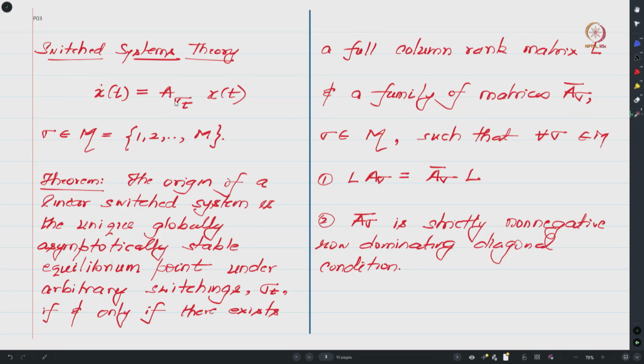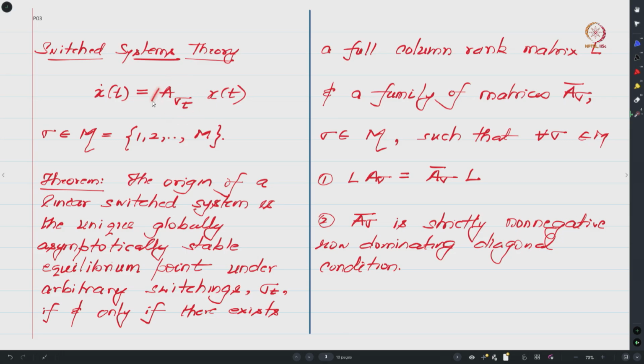So let us give some formal notation. We will presume that A is a function of some switching signal sigma t, and sigma t can take any value in this calligraphic M set, and for simplicity we will presume that this calligraphic M set is made up of M modes, so 1 to capital M. So sigma of t sometimes can be 1, sometimes can be 2, and sometimes can be any number between 1 and capital M. In that way, A sigma t accordingly will be one of the M many matrices.